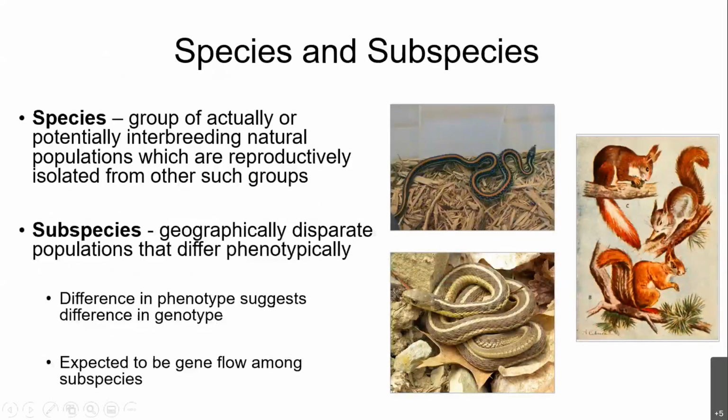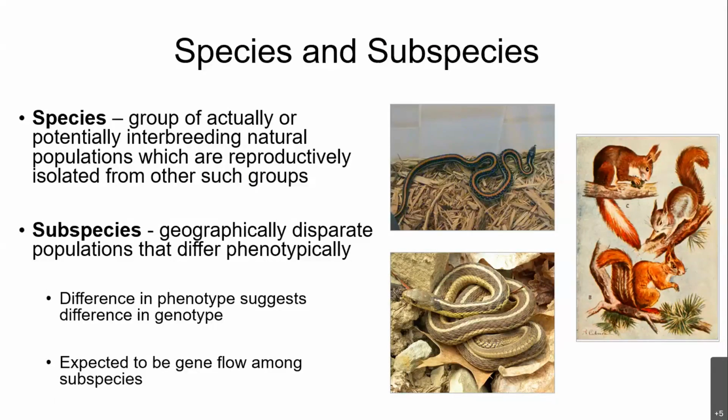So as we've all learned from intro evolution or even in intro biology, the biological species concept, one of many species concepts, is this: group of actually or potentially interbreeding natural populations which are reproductively isolated from other such groups. There are limitations to this definition, and as you can see, there's no mention of morphotype or phenotype in this definition.